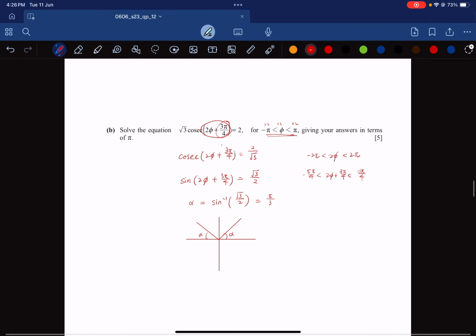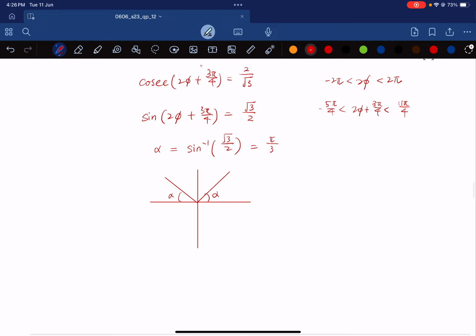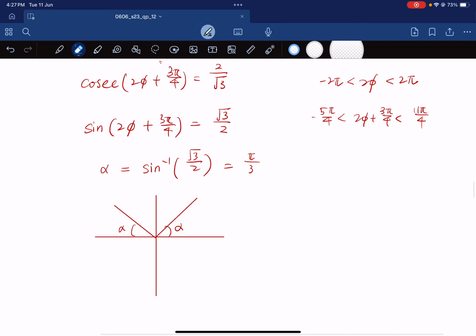Okay, so at most I can go 45 degree, pi over 4 more, right? Pi over 4 more. This is pi over 6. Pi over 6 is less than pi over 4. So yes, we can go in this way, right?